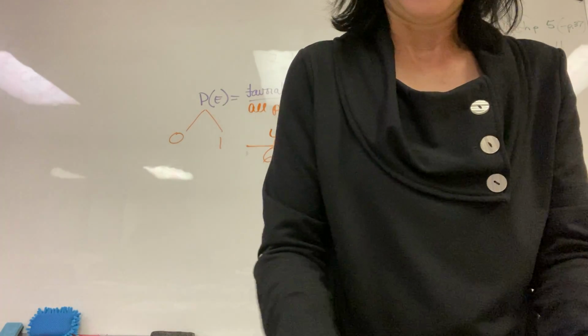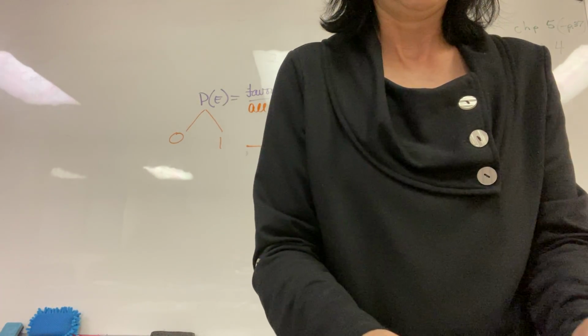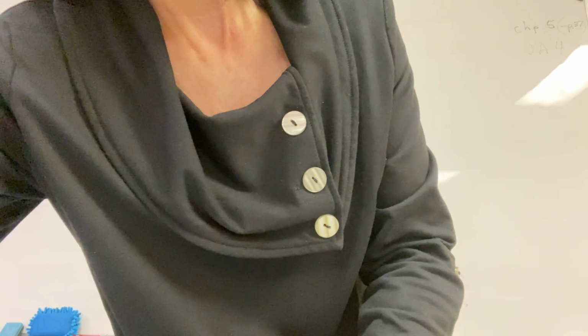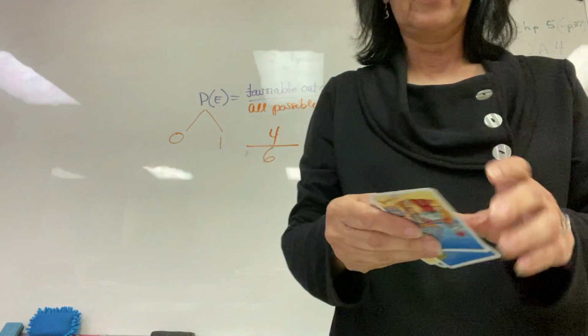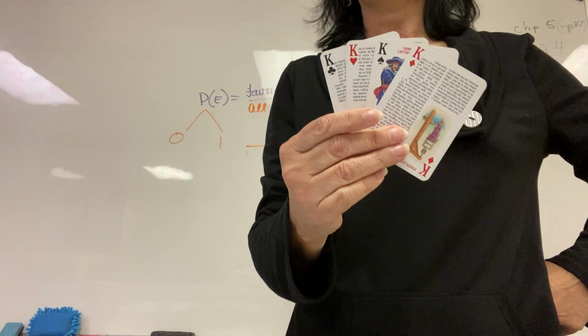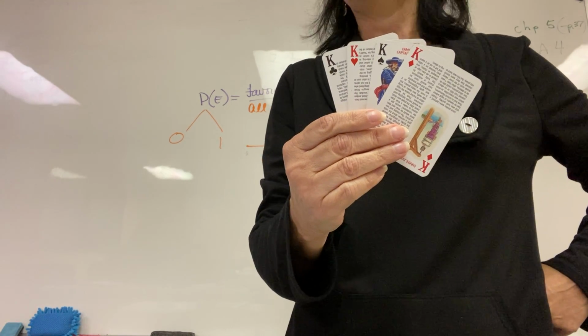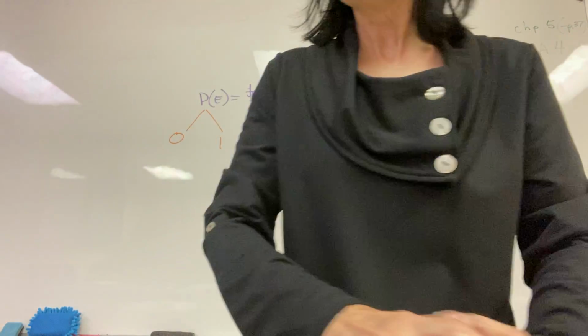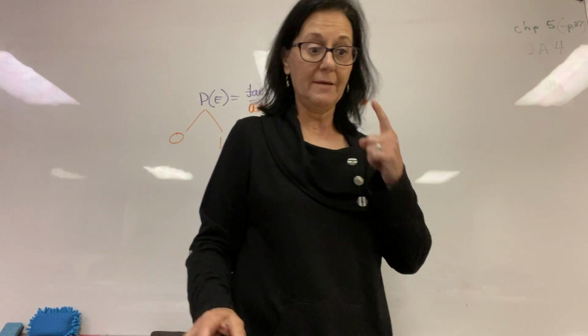Or it can be that it always happens, like if this were my sample space, what's the probability that I'm going to draw a king? 1, right? 4 out of 4 or 1. All right, so it can always happen or it can never happen or it can be anywhere in between.